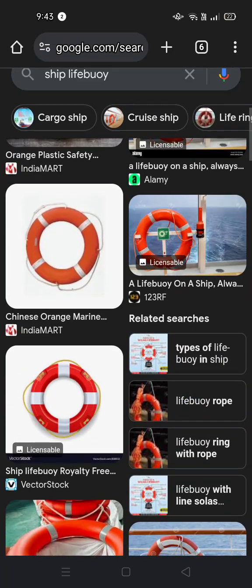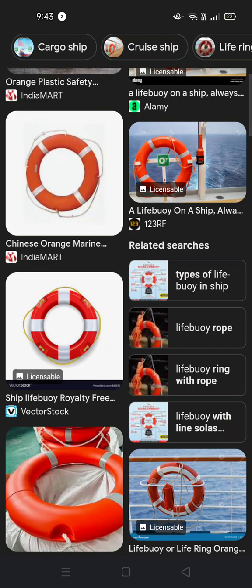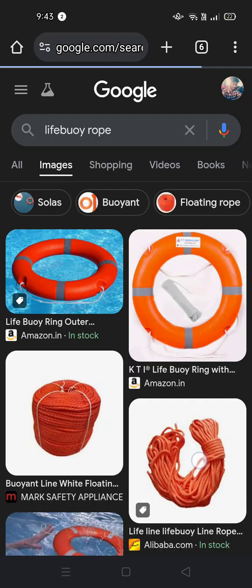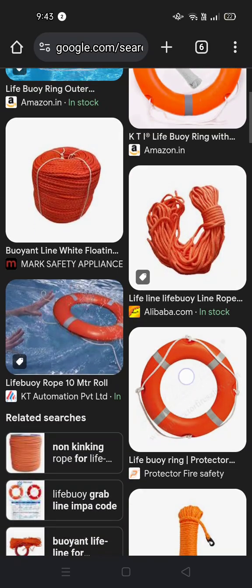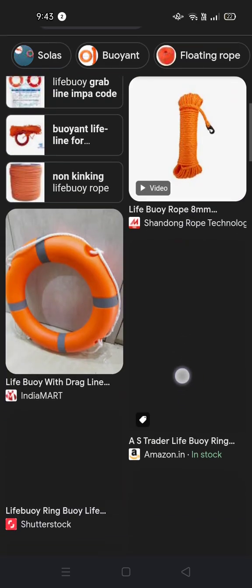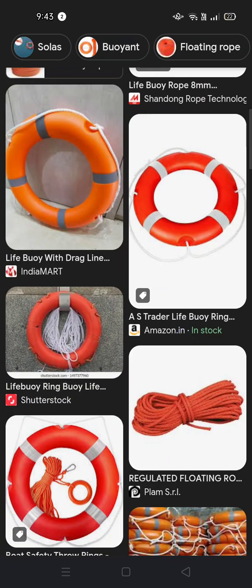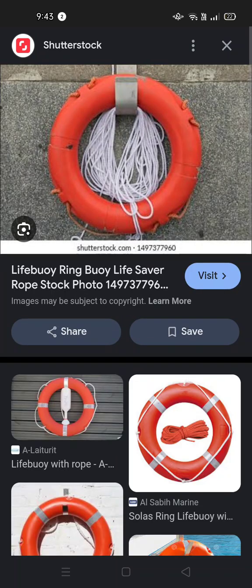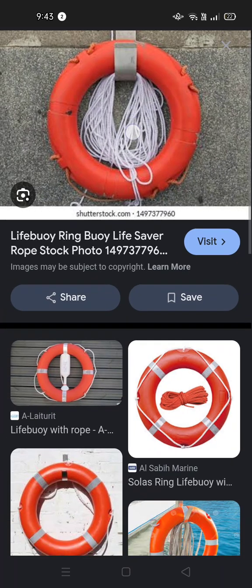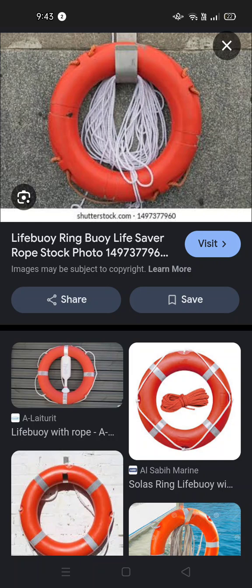Yeah, so these are lifebuoy ropes, I'll show you. This is the rope that comes attached with your lifebuoy. On ship we keep it like this. So this is what a lifeline is. The dia of this rope is 8 mm, and on both sides of the vessel one lifebuoy should have this lifeline.